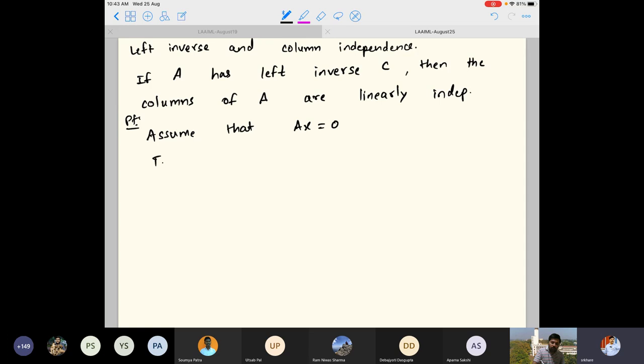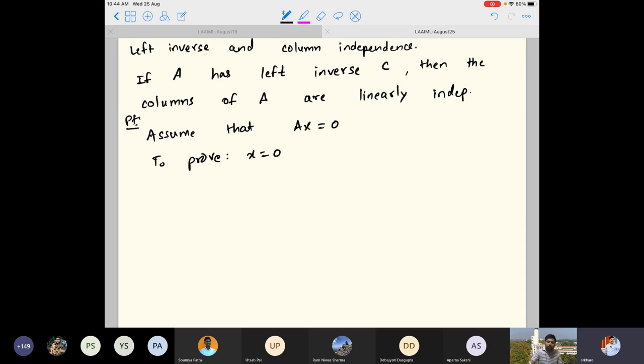Then what do we want to prove? That X is all zeros. If we are able to prove that X is equal to 0, then it means that the columns of A are linearly independent. Is that right?